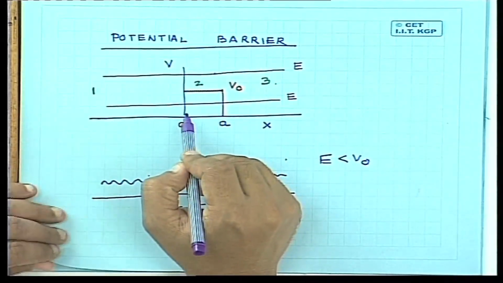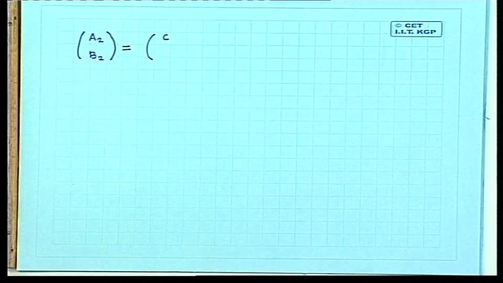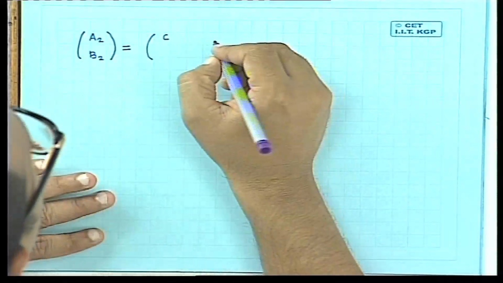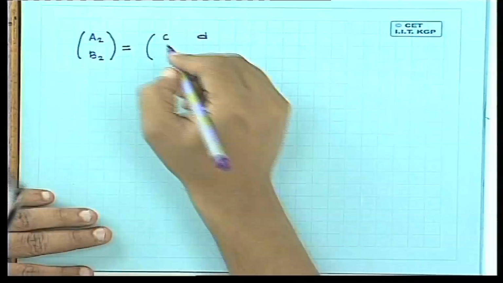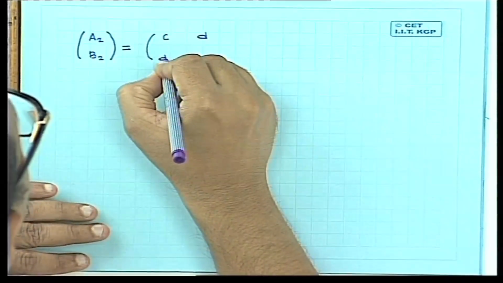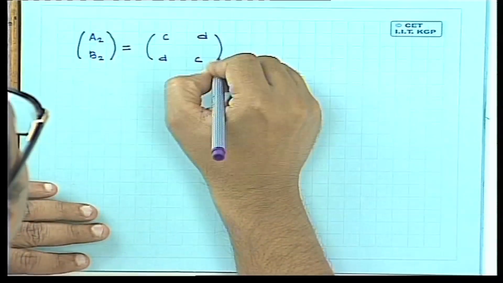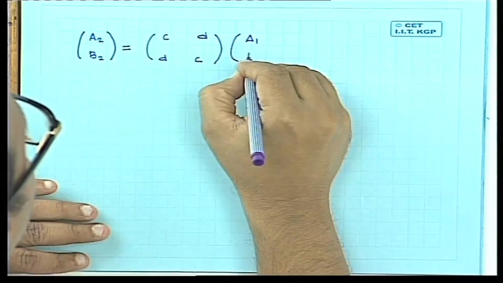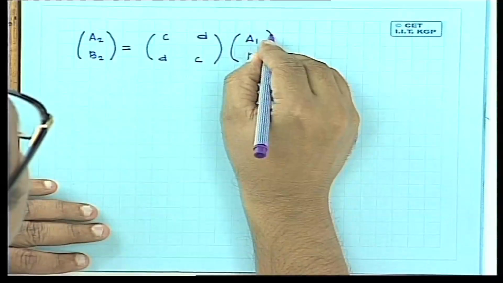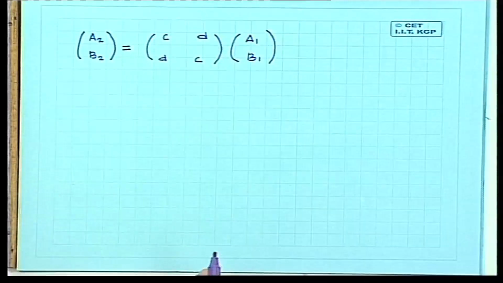Here it is 0, so there is no phase coming in. So we have only C, and here we have D, and here we have D, and here we have C, times A1, B1. So this relates the coefficients A2, B2 to the coefficients A1, B1.